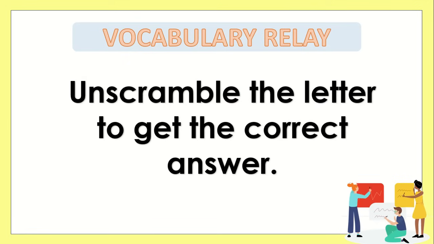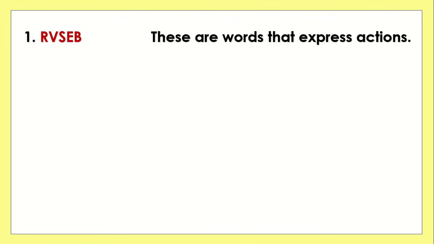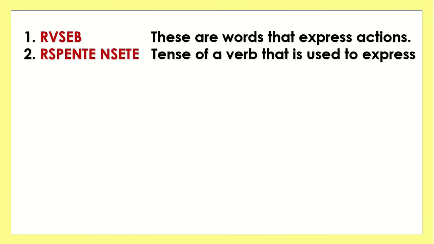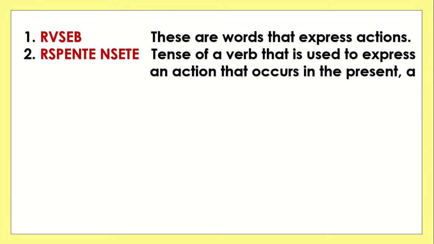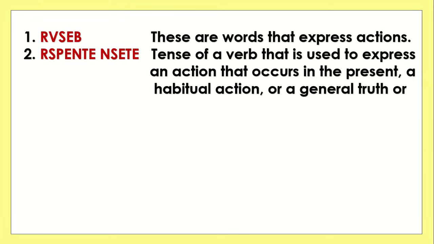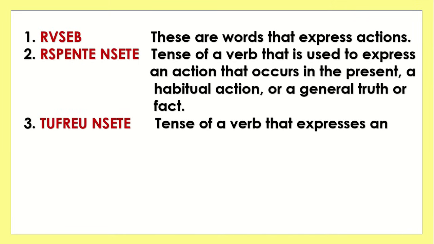For the vocabulary relay, unscramble the letters to get the correct answer. Number 1. These are words that express actions. 2. Tense of a verb that is used to express an action that occurs in the present, a habitual action, or a general truth or fact. 3.